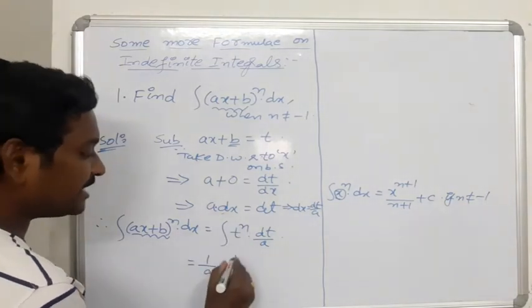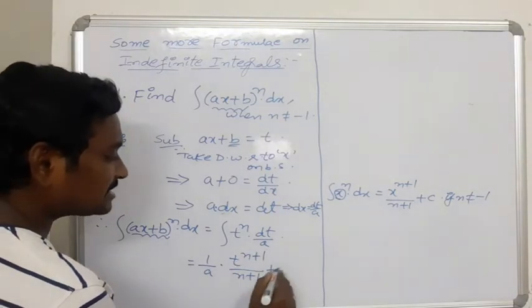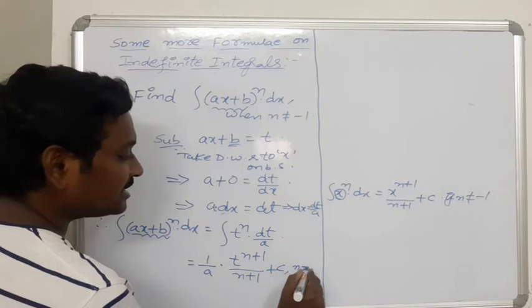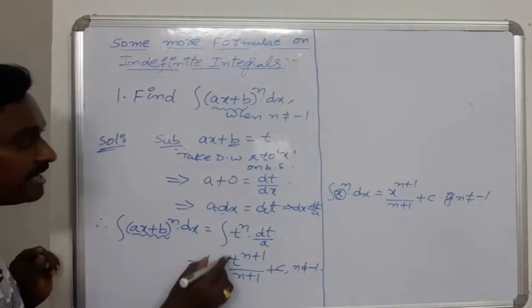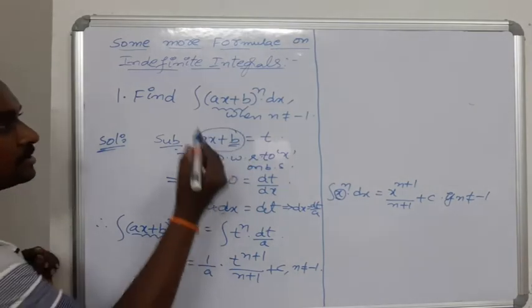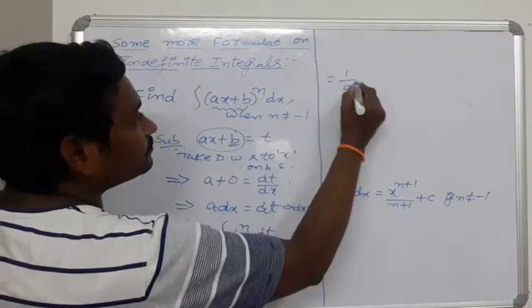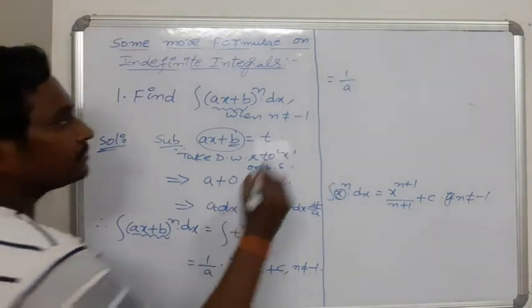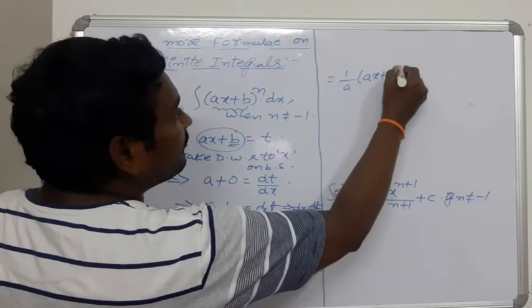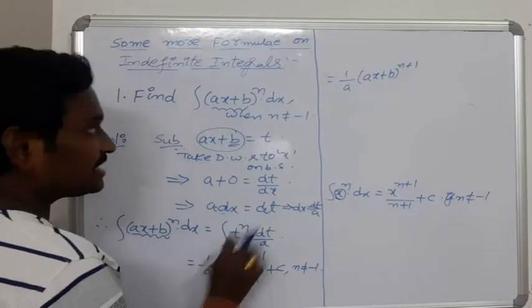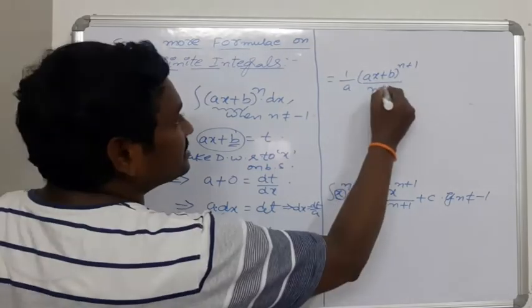Integration of t power n is t power n plus 1 by n plus 1 plus c, for n not equal to minus 1. Finally, replace t by ax plus b. So you will get 1 by a into (ax plus b) whole power n plus 1 by n plus 1 plus c.